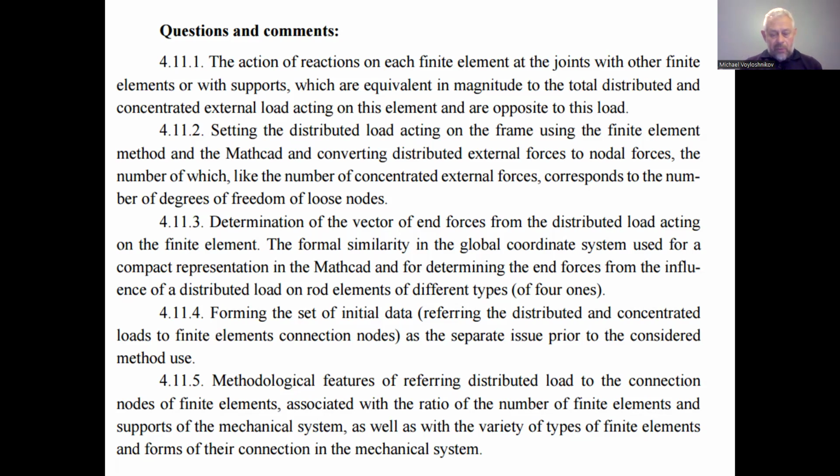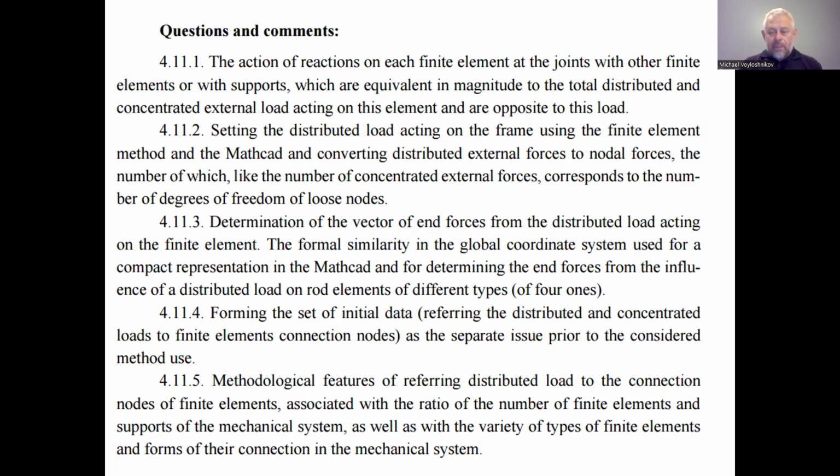4.11.4 Forming the set of initial data, referring the distributed and concentrated loads to finite element connection nodes, as a separate issue prior to the considered method use. It is important that one of the main issues is reducing the external load to the nodes.